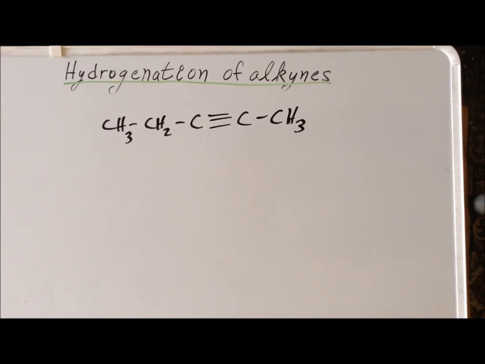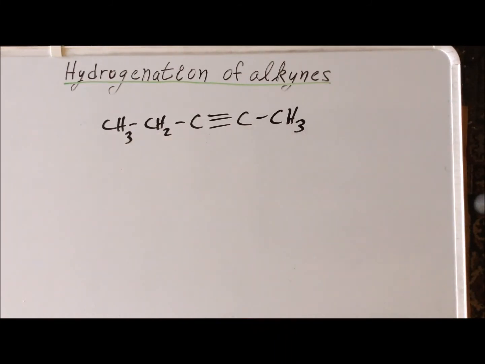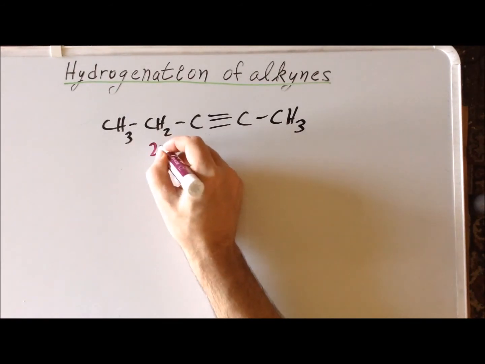The penultimate molecule that we're going to investigate here again has 1, 2, 3, 4, 5 carbons. So we know it must be some pentyne, but now the carbon-carbon triple bond is between the second and third carbon atoms. So this is now 2-pentyne.